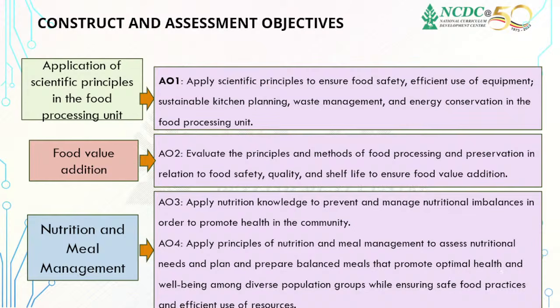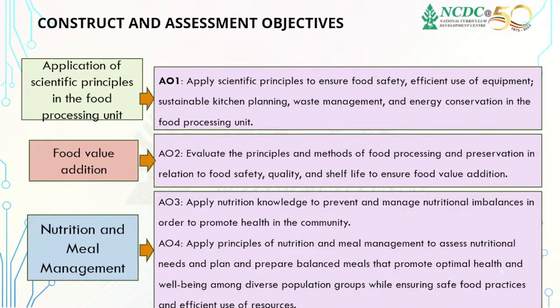I have already talked about the third construct, which is nutrition and meal management. In this we have two constructs. One focuses on managing meals for managing nutritional imbalances, that is, nutrition in health and disease. So here we say apply nutrition knowledge to prevent and manage nutritional imbalances in order to promote health in the community.